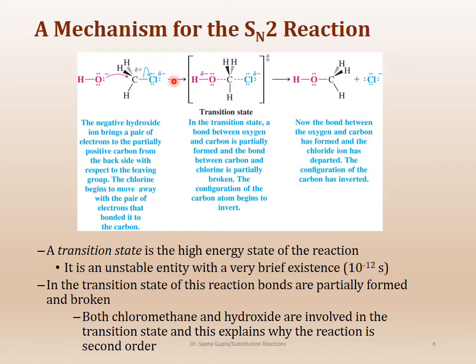And the other thing I want to mention is that this is a backside attack, which means that the nucleophile will attack from the opposite side of the chlorine, the leaving group. Okay, so they are directly opposite to each other. So when the leaving group goes away, the hydroxide or the nucleophile is on the opposite side, okay, which means just think of an umbrella flip.